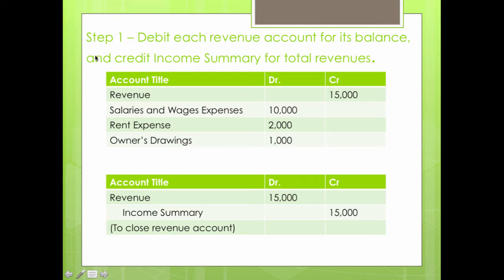And then the other thing that it asks you to do is to credit income summary for total revenues. So your credit account title should be income summary, and your total revenue is going to be $15,000. Okay? And then you name the account to close revenue accounts. That's it for step 1.